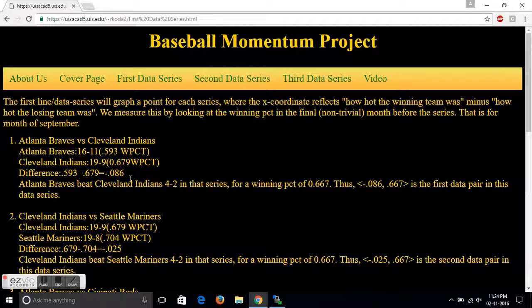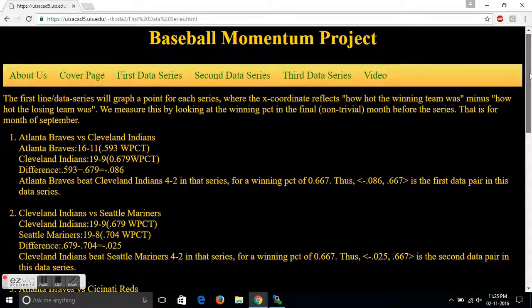So the difference would be our x coordinate, and as per the y coordinate, the winning PCT of the whole series in which Atlanta Braves beat Cleveland Indians 4:2 would be 0.667. So this is our first data pair in this data series.